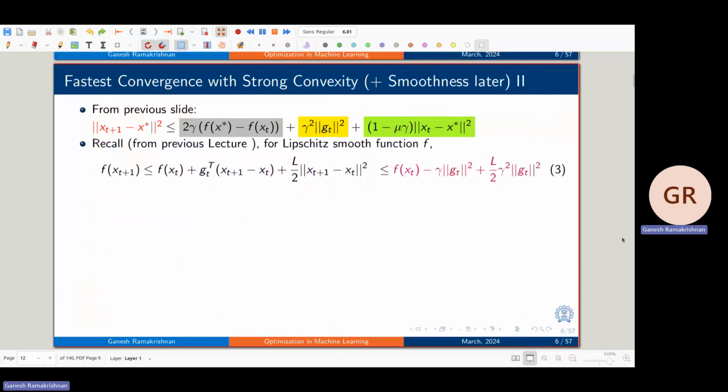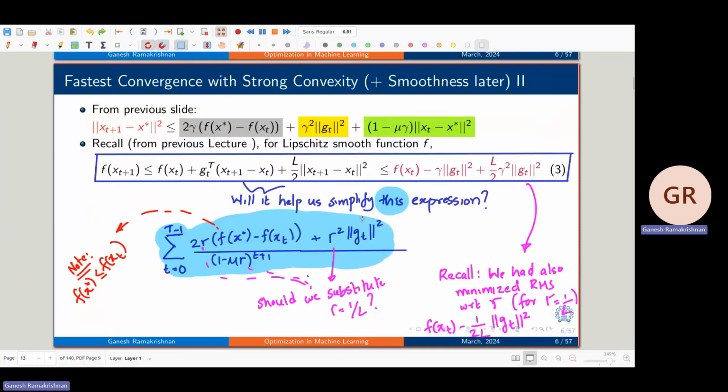Okay, so I've done this here. f of xt plus 1 is less than or equal to f of xt minus gamma times norm gt squared plus L by 2 gamma squared norm gt squared. You remember this? This part is from Lipschitz smoothness. Now, will it help us simplify this scary expression from the previous slide?